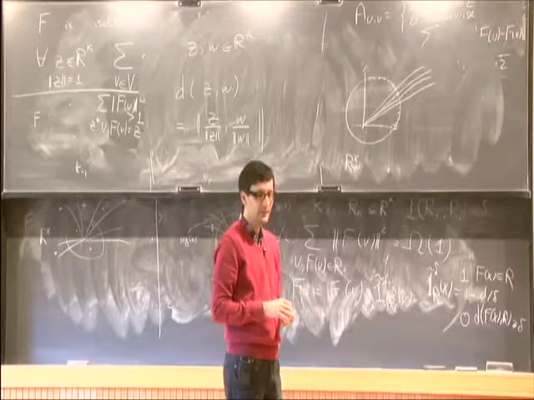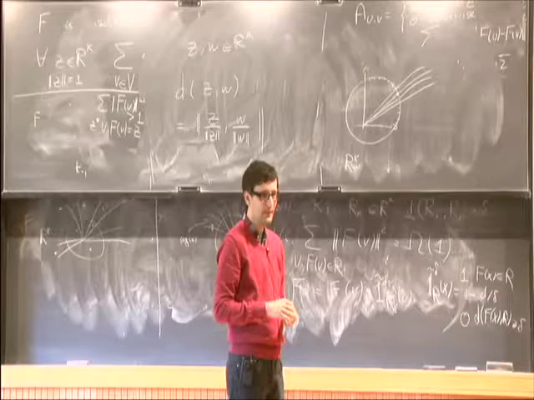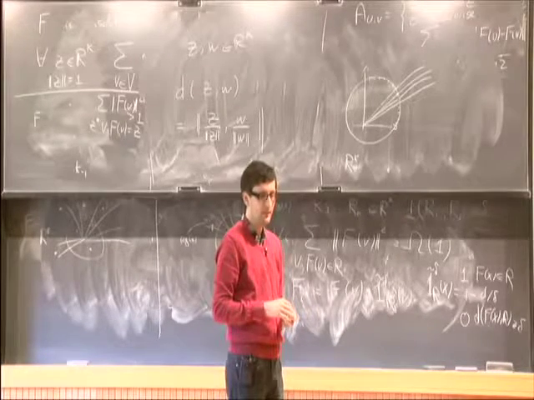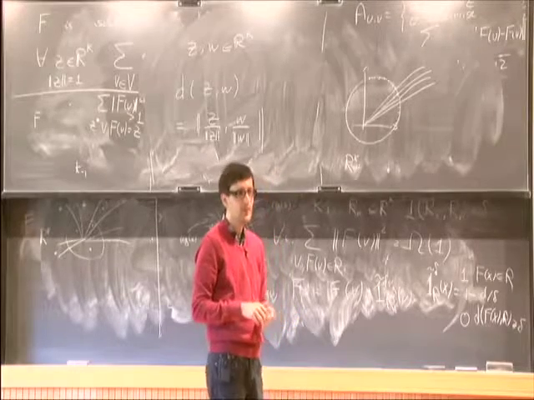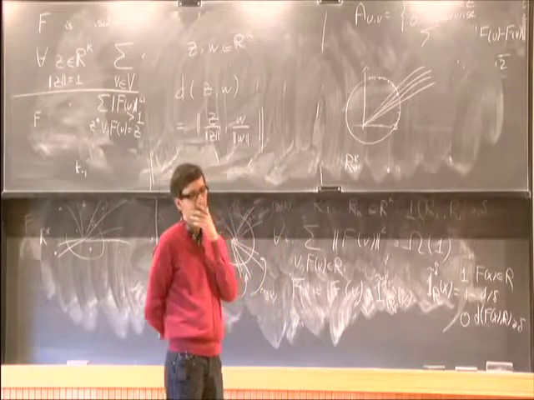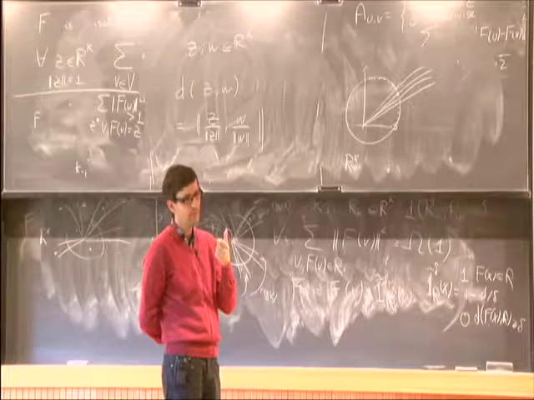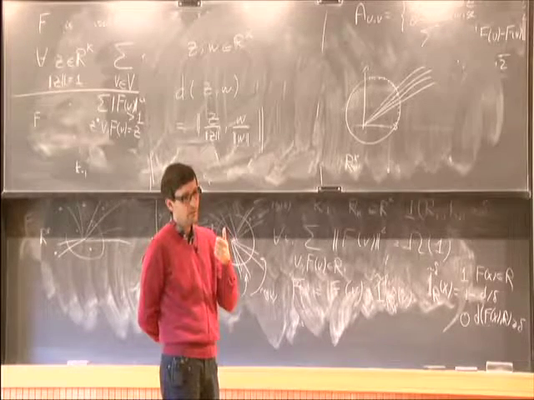This is a rounding technique. I mean, you're somehow using your f's to round them off into that. That's true. The difference is that in Unique Games, you have an ensemble of k vectors, right?